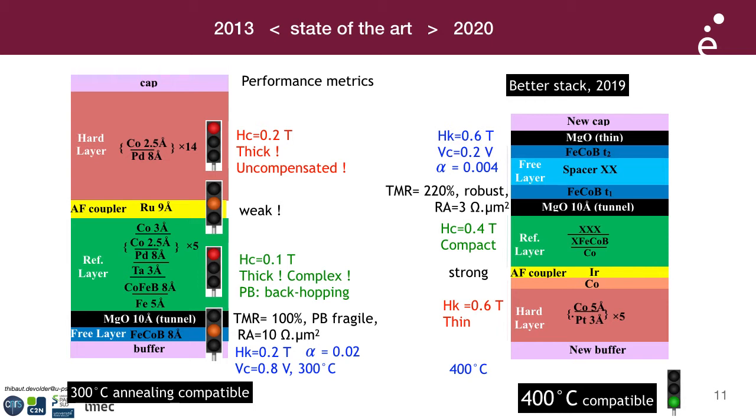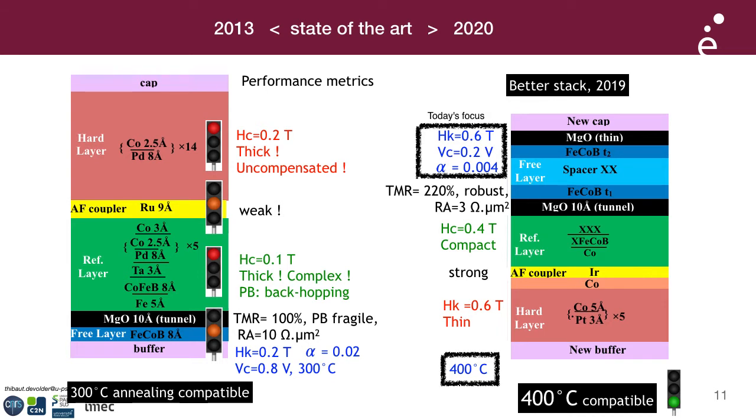There would be much more magnetoresistance. It would be more robust to breakdown, and also the reference layer and hard layer would be much more stable. And the material engineers and material scientists have managed to optimize these stacks so that now they are fully 400 degree compatible before any degradation happens.